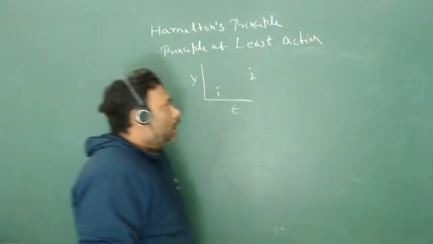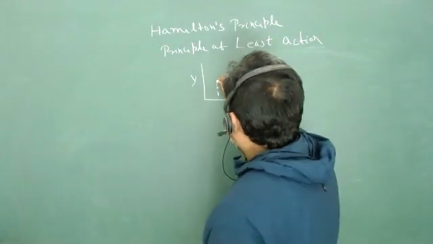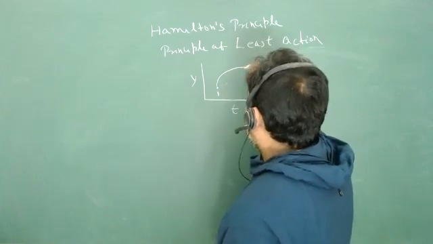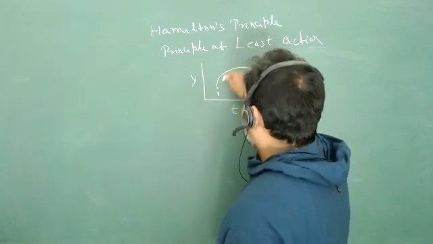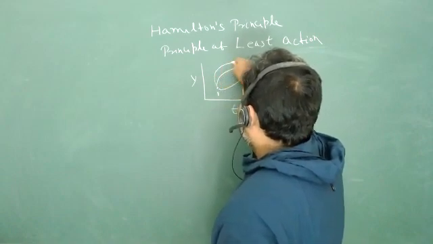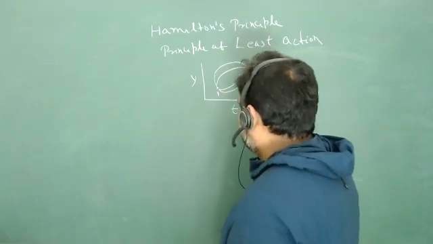Then we can have an infinite number of possible paths such that we can go from 1 to 2. We can go from this path. Somebody can go from this path.